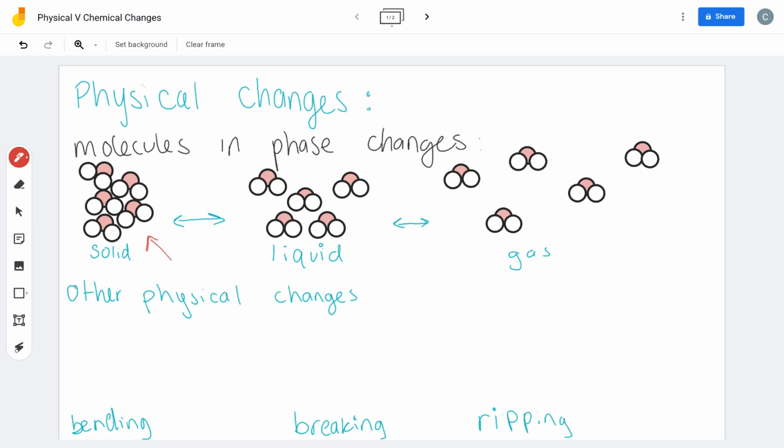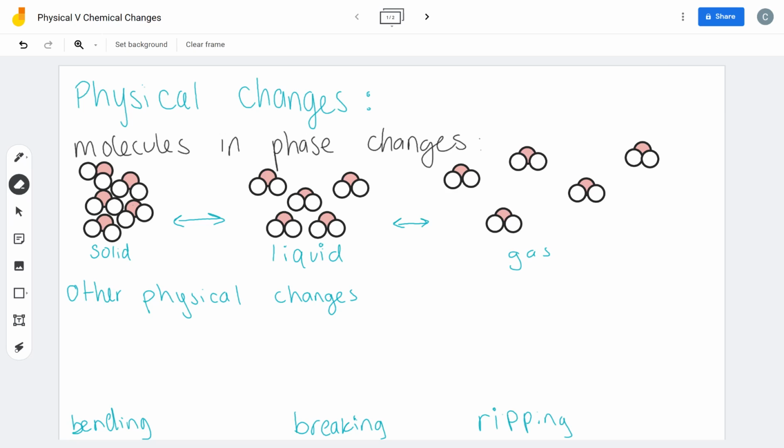And then as they go from a solid to a liquid, you can see that they start to spread out a little bit more. And then as they go from a liquid to a gas, they spread out even further. But notice in each of these phases, the molecules themselves are not changing. There's the same amount of them, and they still look the same. They are made of the same thing, and the substance that they're made out of is not changing.